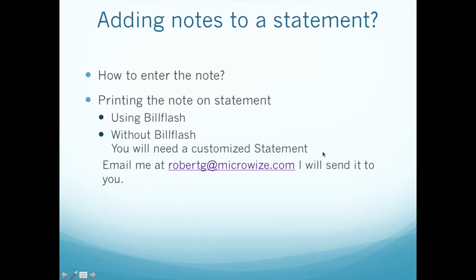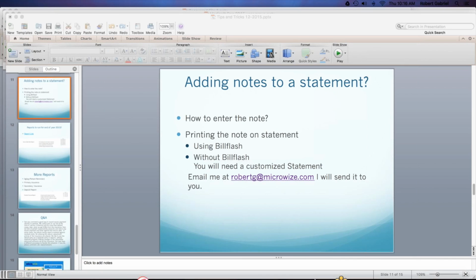Is there a way that you can have a statement note and an internal office note on the same line? Not on the same line. When you said a statement note, are you talking about in general, like you passed 30 days or you passed 60 days?